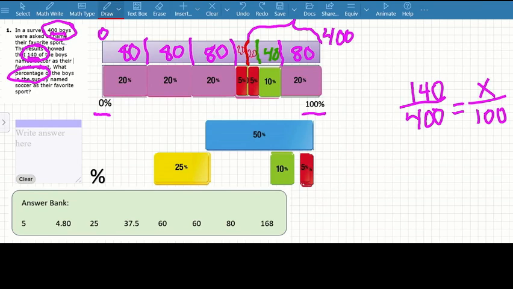Now when I look at this, again, I'm looking for 140. Let me change my colors to green. I have 80 plus 40 plus 20. When I add those 3 numbers up, I have the 140 that I'm looking for, and it's these 3 sections.